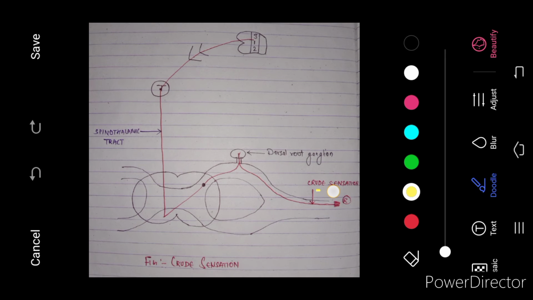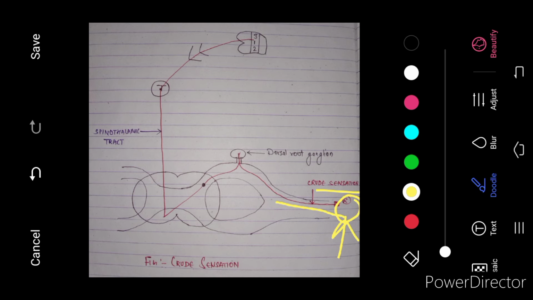Now let us come to crude sensation, that is touch, pain, temperature and pressure. For crude sensation, there are receptors present on our skin. When any stimulus comes near these receptors, the sensory fibers take the sensation from that point to the spinal nerve.